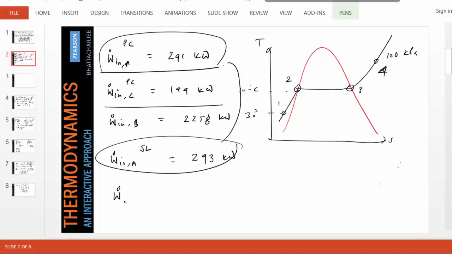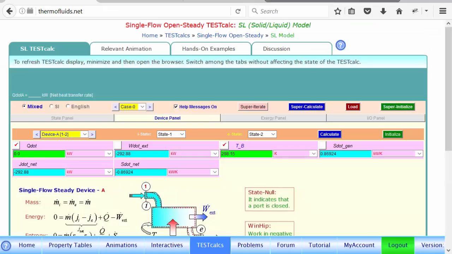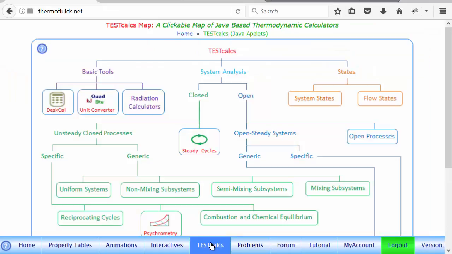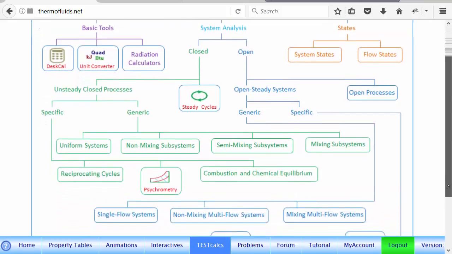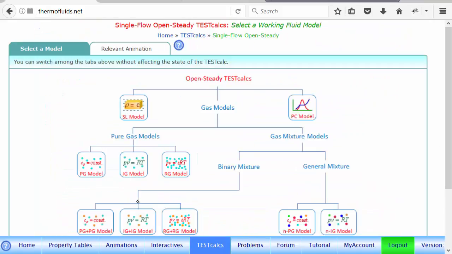So what we are going to do, this was the SL model answer. I was totally wrong there. So W dot in for part C, now we want to use the PG model. The question is, if I use the PG model from 3 to 4, how much energy is added? So for that, we're going to launch, again, single flow system, but this time we'll launch the PG TESTcalc.